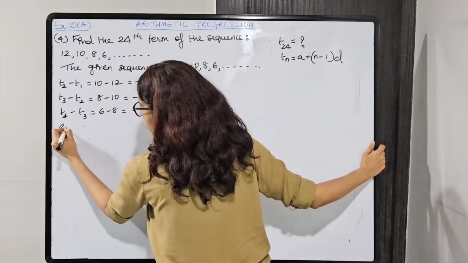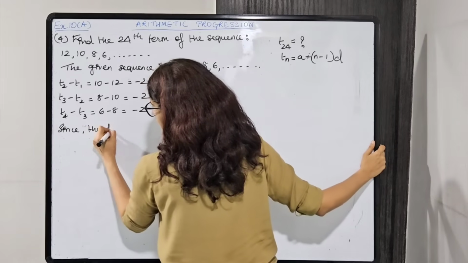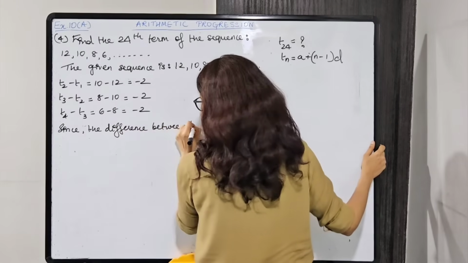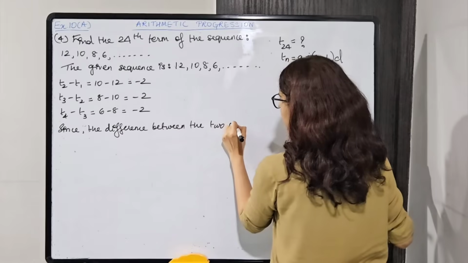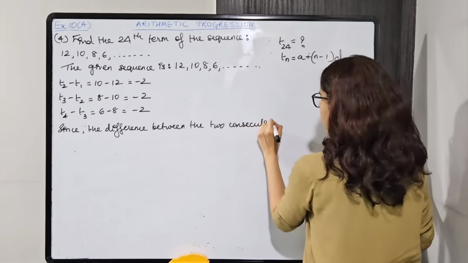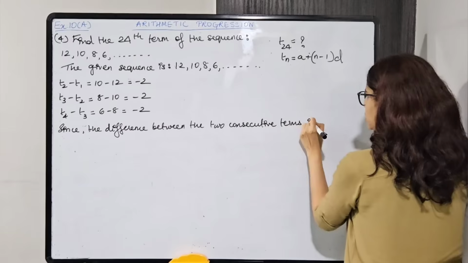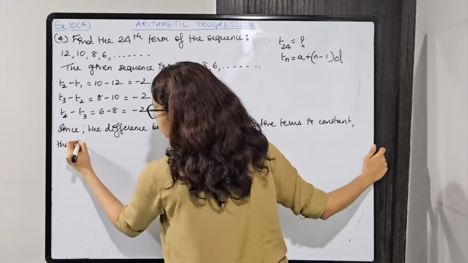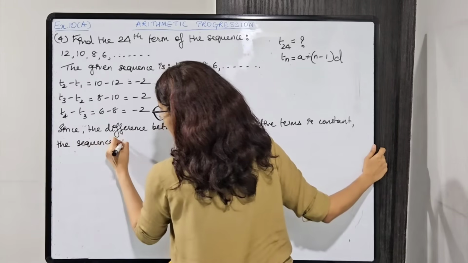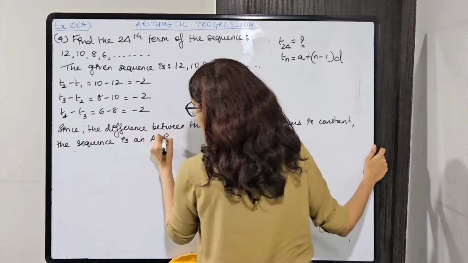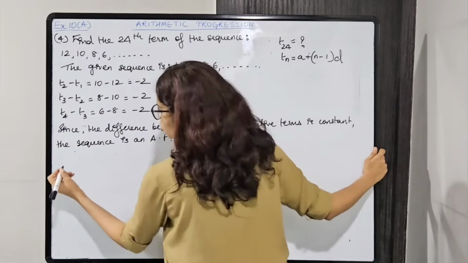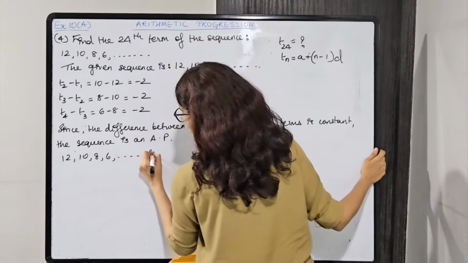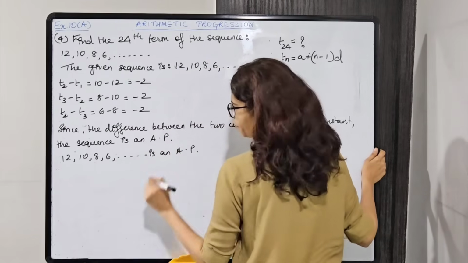So write down, since the difference between the two consecutive terms is constant, the sequence is an AP. Okay, so 12, 10, 8, 6 is an AP.